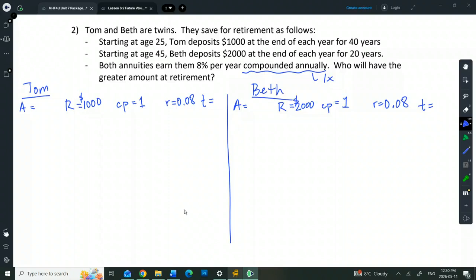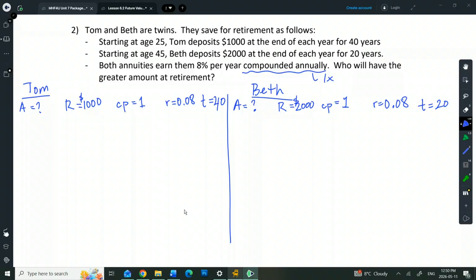And T, time in years. Okay, perfect. And the amount of the annuity is unknown.